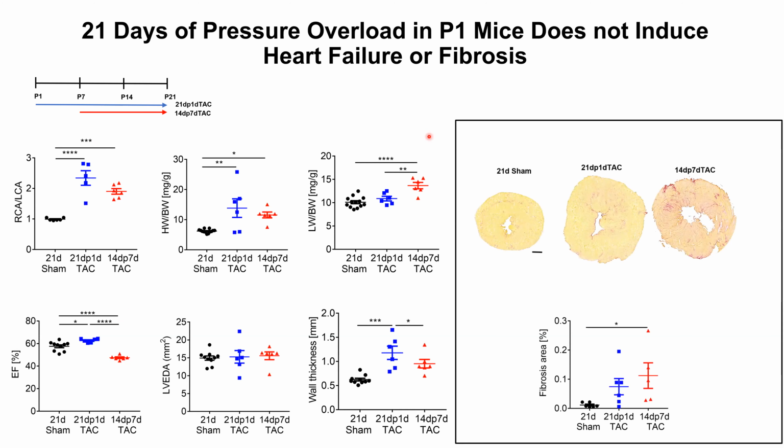And further Sirius Red staining showed that, again, we have a significant amount of fibrosis in the heart only when pressure overload is induced from 7 days.